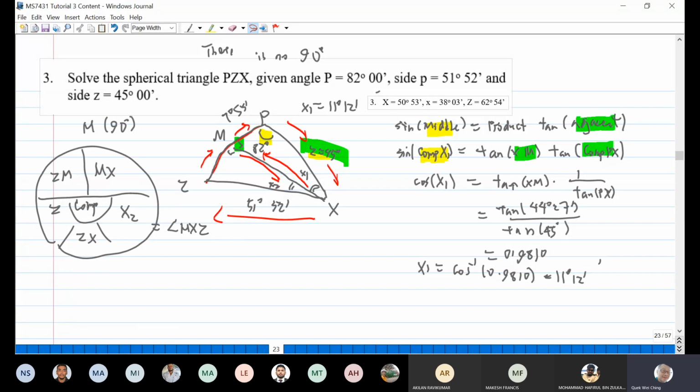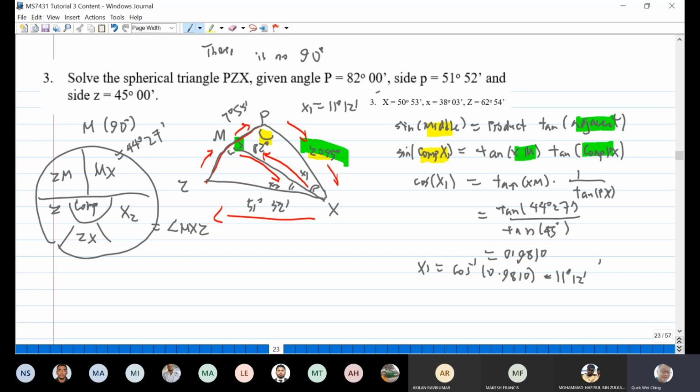So let's see what I have. I know MX, right? MX we know is 44 degree. This one MX is 44 degree 27 minutes. Yeah, MX here, on the calculation.